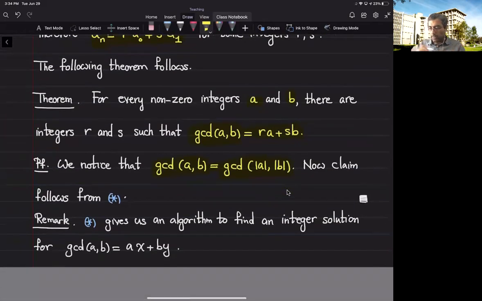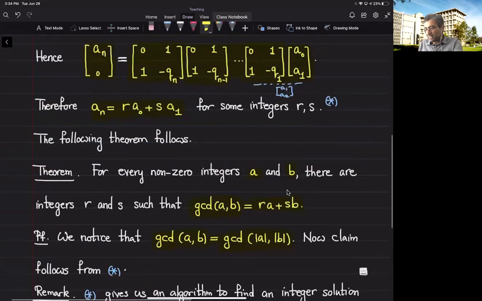Okay, so another way of interpreting this theorem is saying that this equation, GCD of a and b equals ax plus by, has an integer solution.